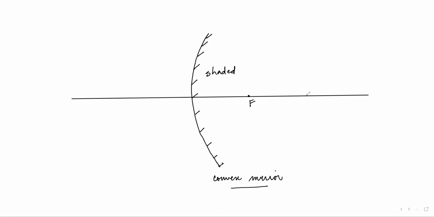All right. This is our C, center of curvature. This is our principal focus because it is on principal axis. This is our pole, and we know that for sphere of small aperture, PF is equal to FC. Okay.